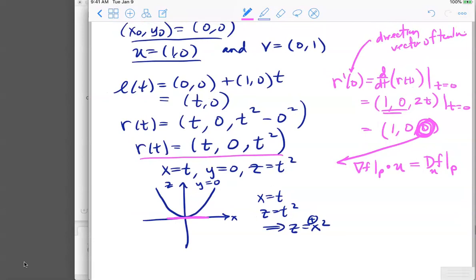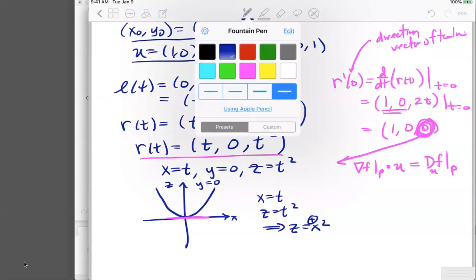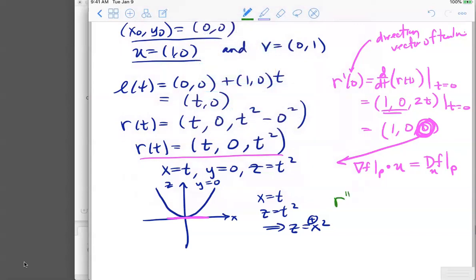Well, there is a second thing we can do here. You can compute the derivative, but two derivatives. Let's take two derivatives of the vector valued function r of t, the curve on the surface, evaluated at t equals 0. You'll get 0, 0. The derivative of 2t is 2.